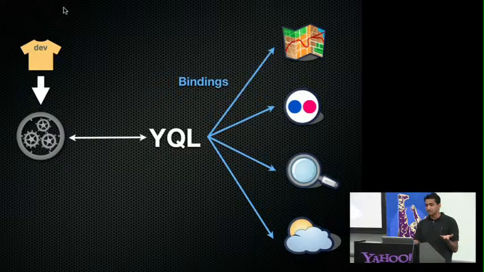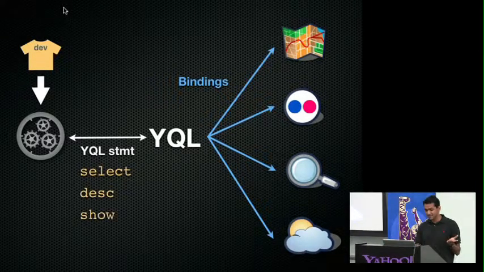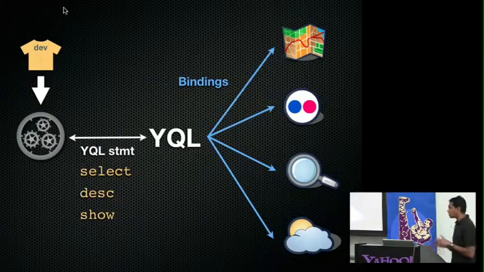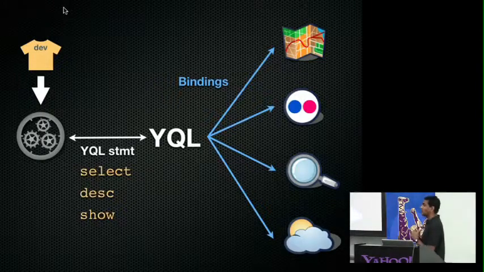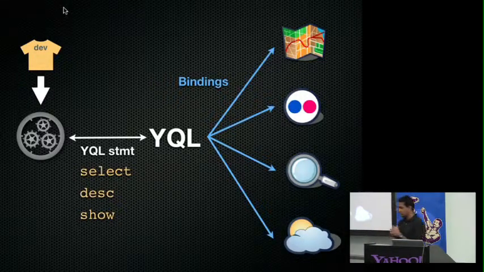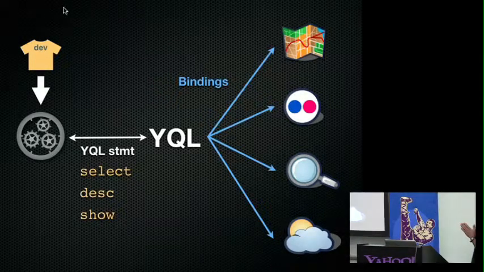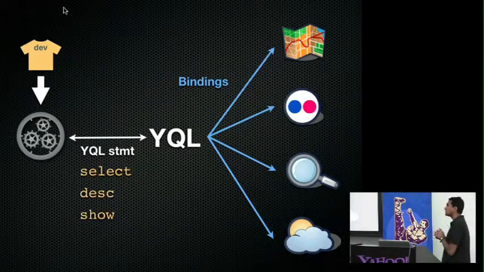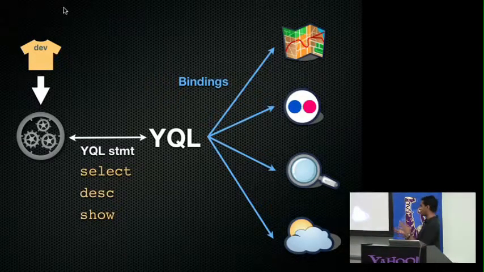As a developer, you issue a YQL statement which contains select, describe, or show. I'm sure by now you are familiar with the SQL-like syntax which YQL exposes, which is very easy to understand. By describing a particular table, you know exactly what the bindings, required parameters, and optional parameters are for that table.